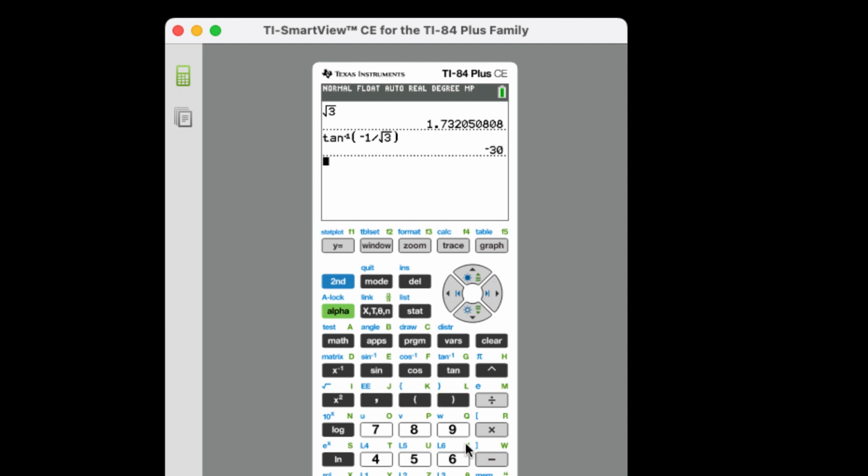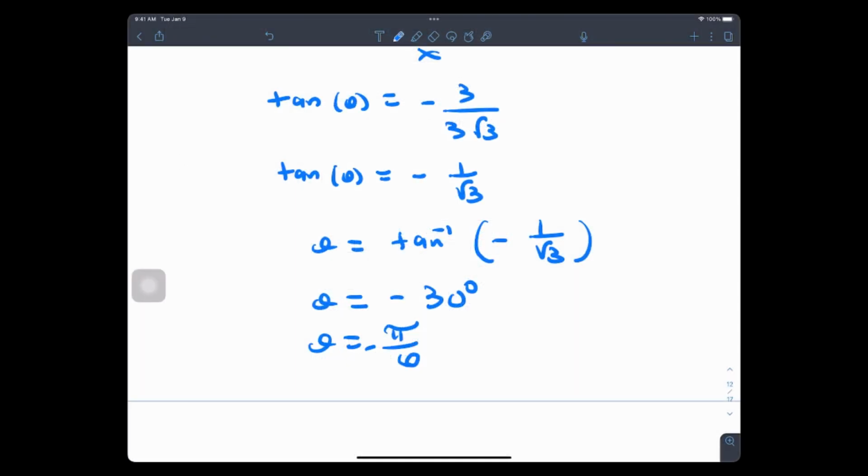Let's see if the calculator knows. What's the problem here, ladies and gentlemen? Let's put this together. Negative 30 degrees or negative pi over 6.